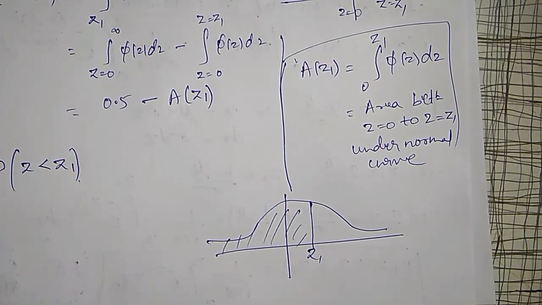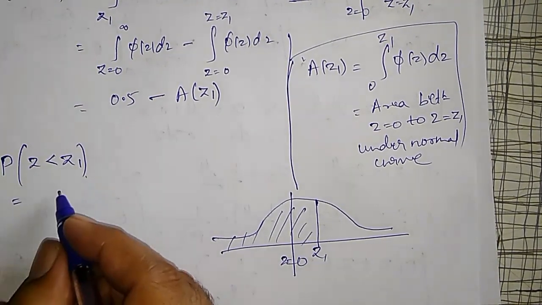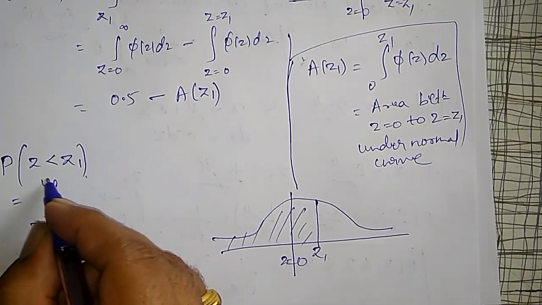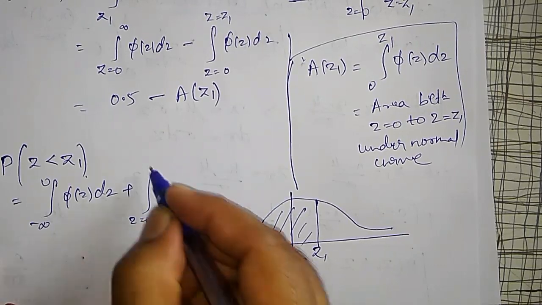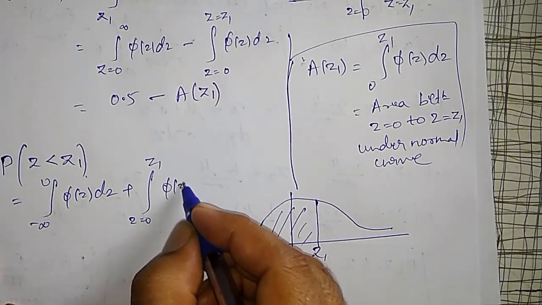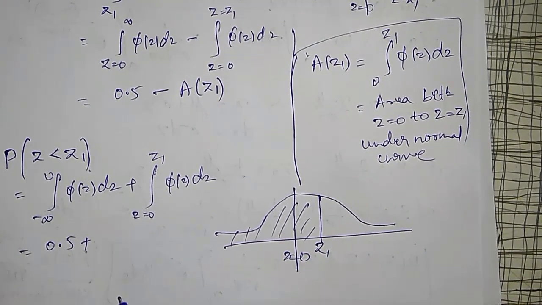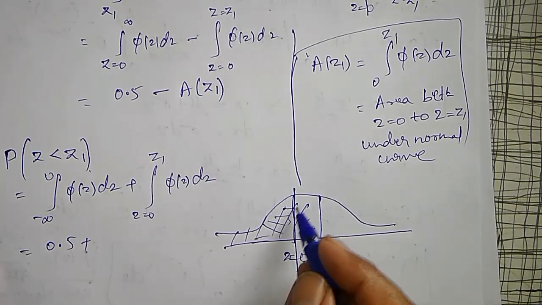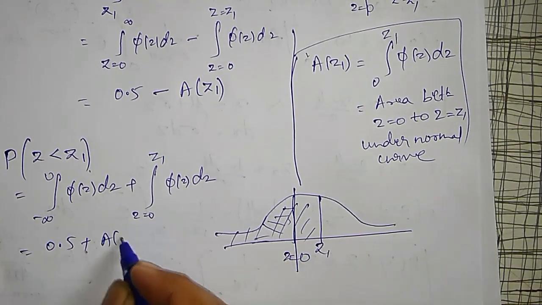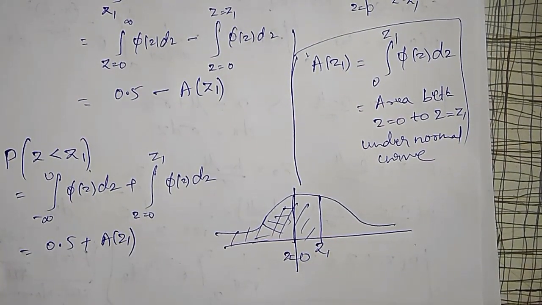To find this area, I will write it as the integration from minus infinity to 0 of phi of z dz plus the integration from z equal to 0 to z1 of phi of z dz. This area is nothing but 0.5, plus this area, which is a of z1 again. Depending on whether z1 is positive or negative, if z1 is negative, then I have to subtract.